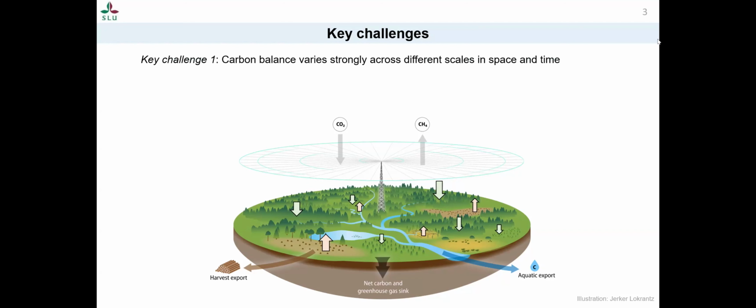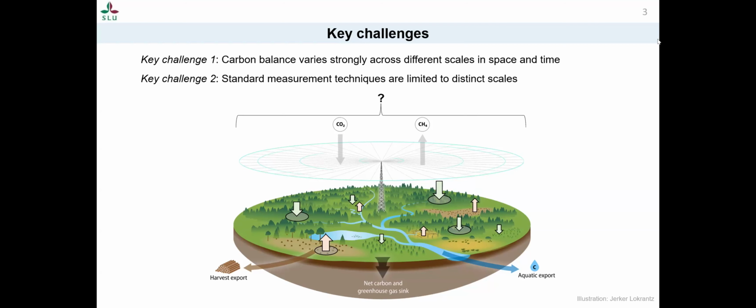And connected to that is then the second challenge, that our standard measurement techniques for quantifying these carbon fluxes are each limited to a distinct scale within this space and time continuum. So we can measure a few units in this landscape very well over a certain time period, but we will not be able to capture this entire variability across space and time in this landscape.